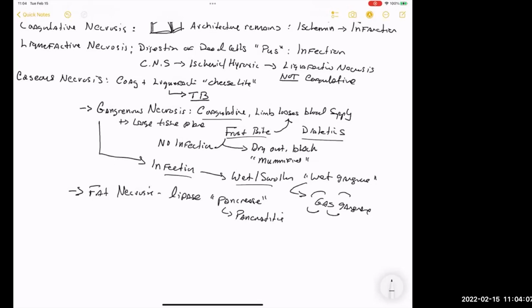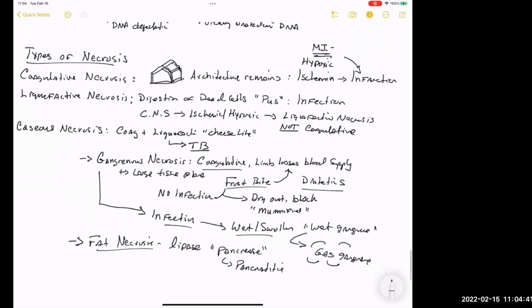All right. And you get a liquefaction that occurs. So it looks somewhat similar to liquefaction necrosis, but it is primarily the fat that is breaking down, that is necrosing the adipocytes or the fat cells. All right. And those are some of the major things that we see with necrosis. Again, this is all when cells die abnormally.